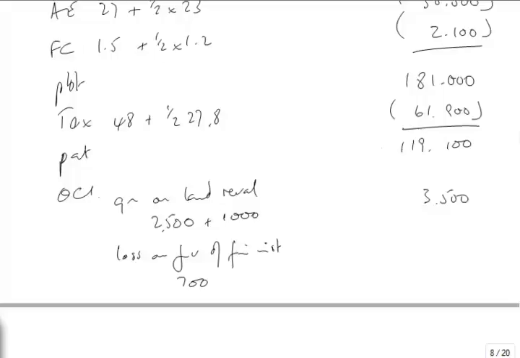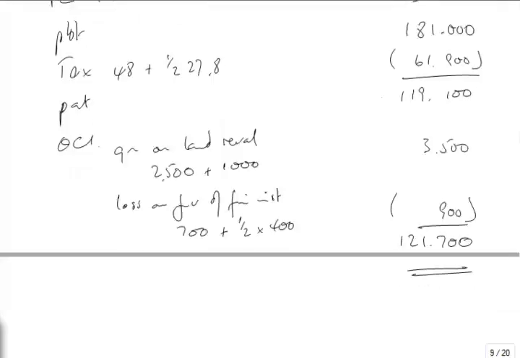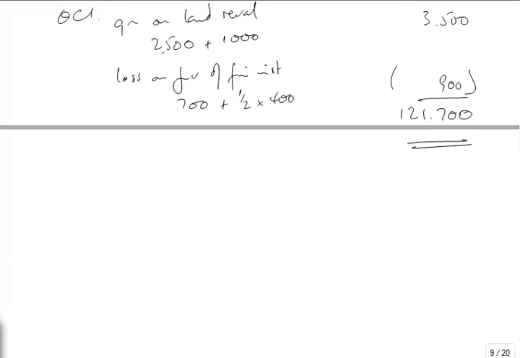It does say, doesn't it? All items in the above statements of comprehensive income need to accrue evenly, unless otherwise stated. So I'm plus a half of 400. I'm going to put that in, 900. That's a loss. So that's 121,007. Should be the total comprehensive income, total profit and comprehensive income.